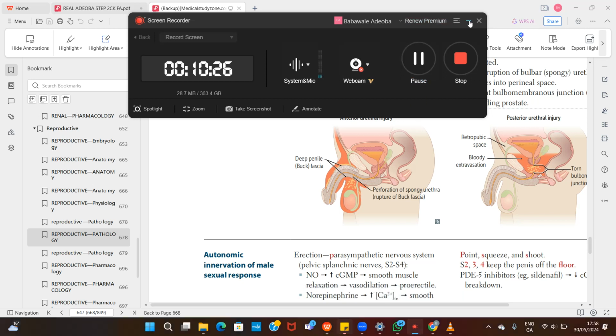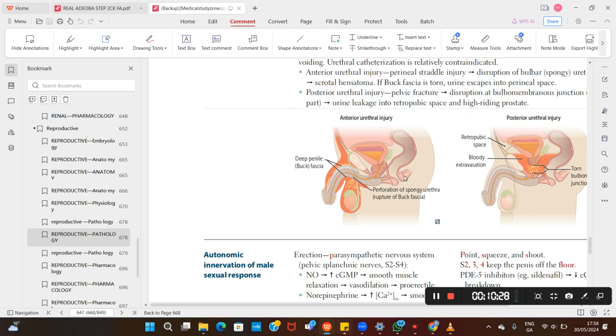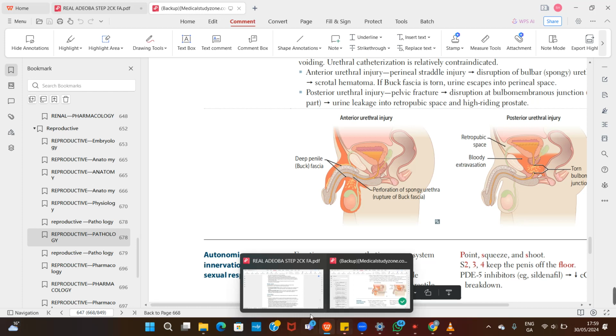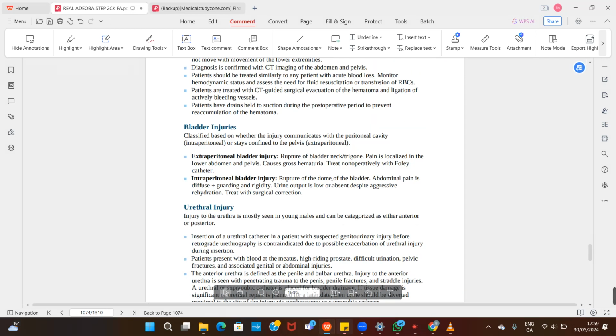So they have different approaches in terms of the treatment modality. One thing I must first mention is that an individual with bladder injury usually presents with some clinical signs and symptoms. First of all, you are going to get the history that the patient is having hematuria.